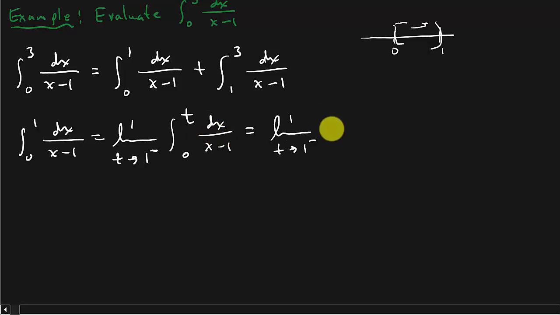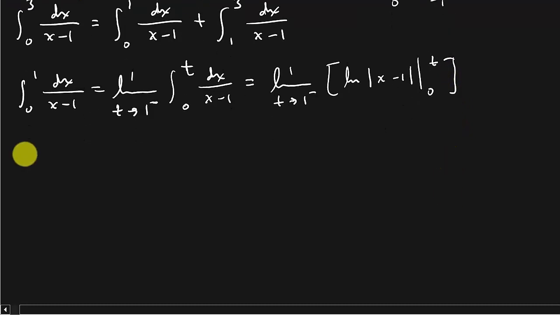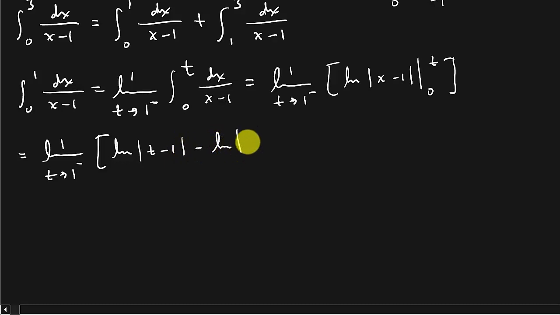And what's the antiderivative of this? Well, that's going to be the natural log, absolute value of x minus 1, from 0 to t. So this is going to give us the limit as t goes to 1 from the left of the natural log of the absolute value of t minus 1, minus the natural log of the absolute value of 0 minus 1.